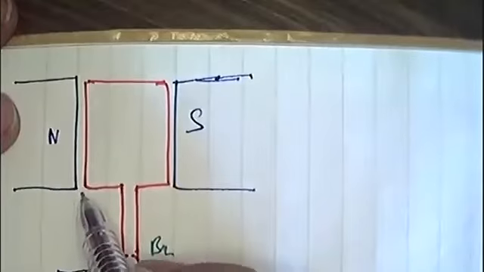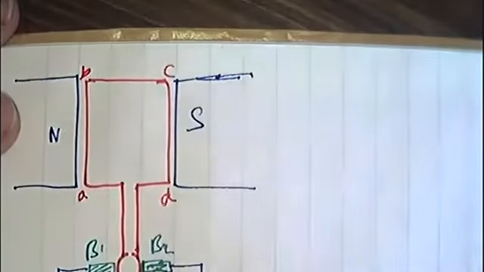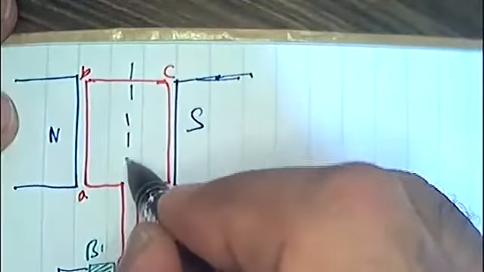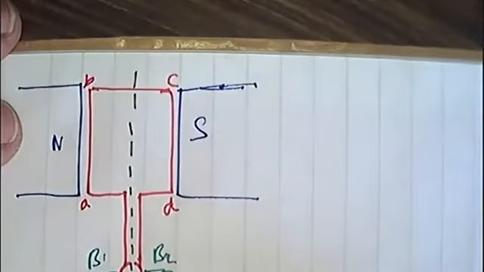Correct. The working is same. This is the axis of coil, and the coil is rotating about this axis. The working is same as AC generator.